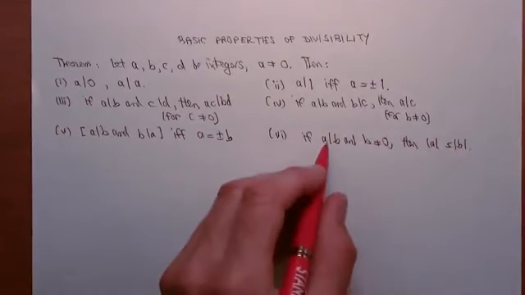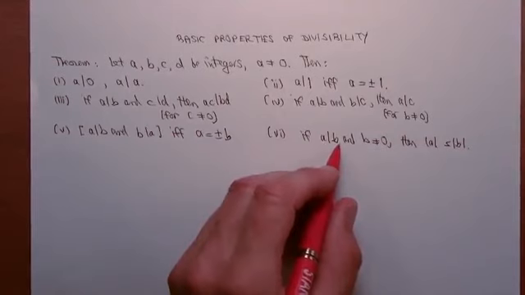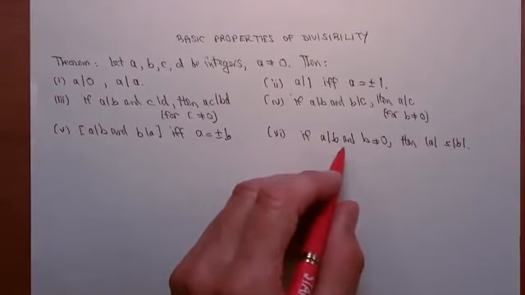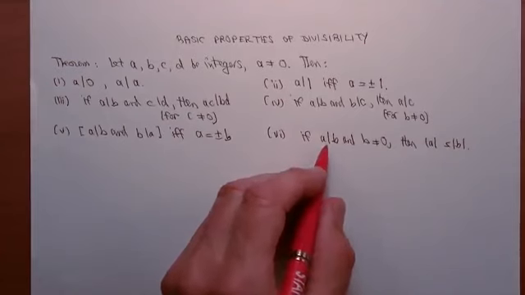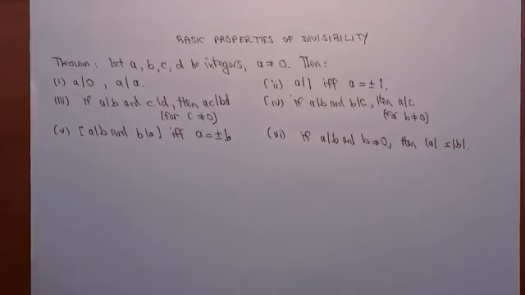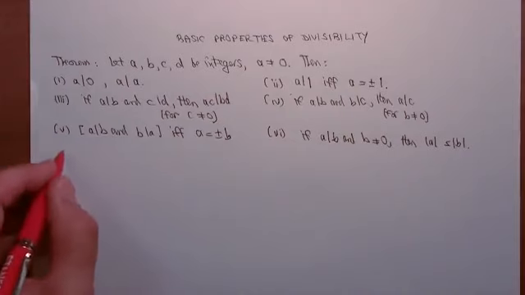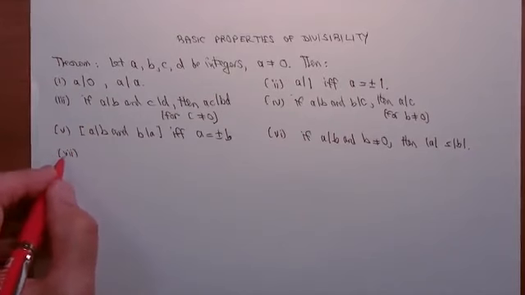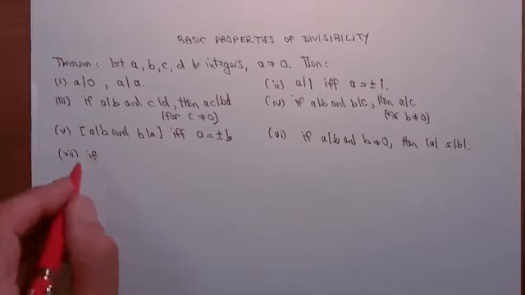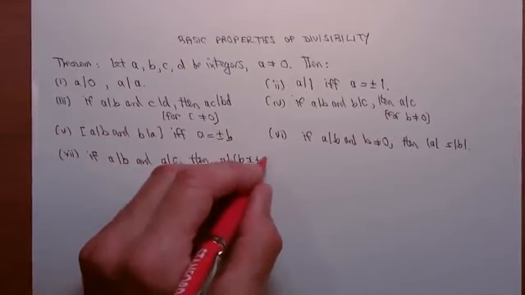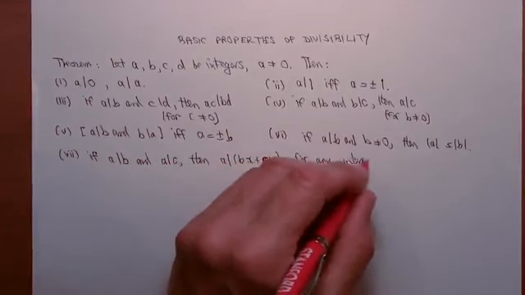You can only divide smaller numbers into bigger numbers, or at least numbers that are no bigger than. You can't divide a number b by something that's bigger than it in absolute value. One more. 7, if a divides b and a divides c, then a divides bx plus cy for any integers x, y.